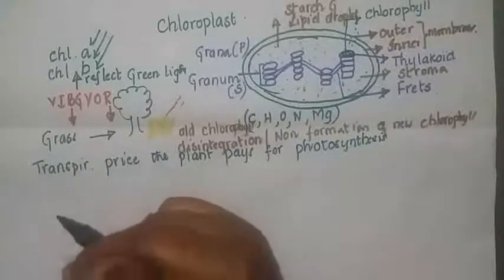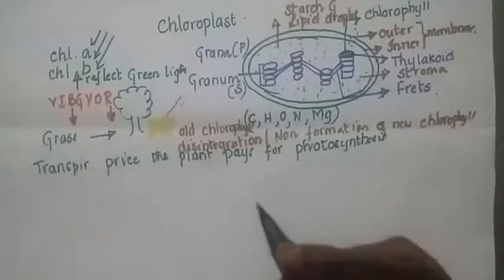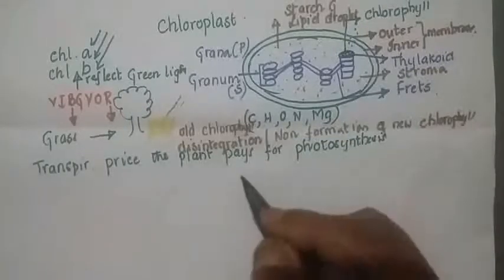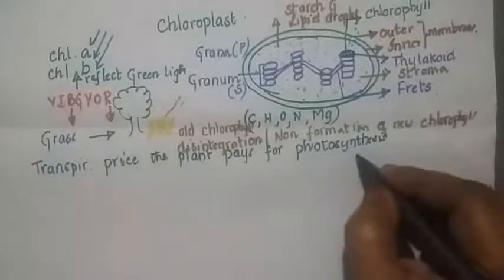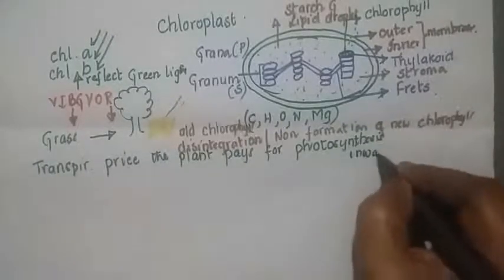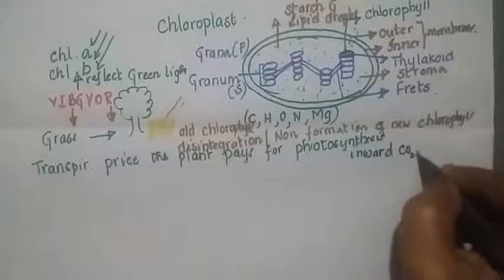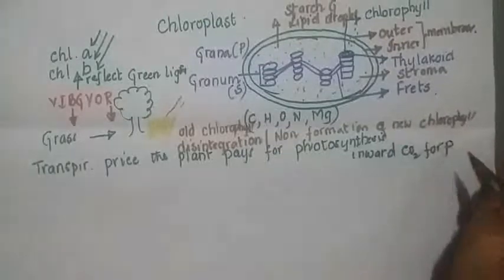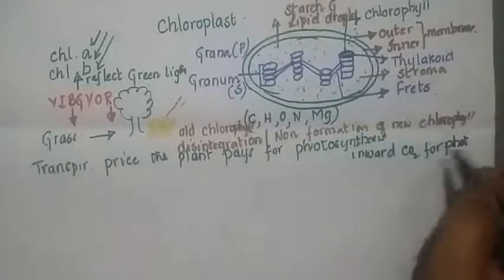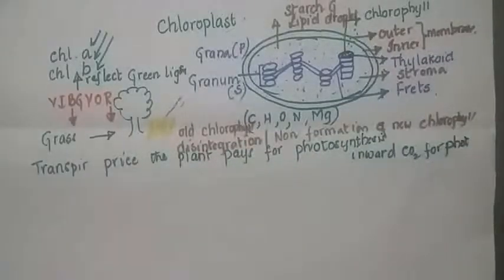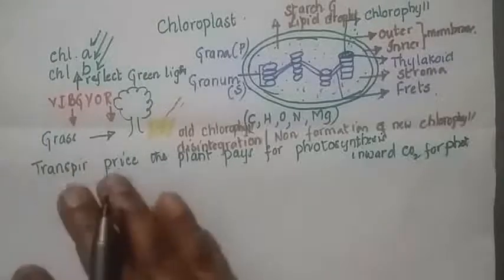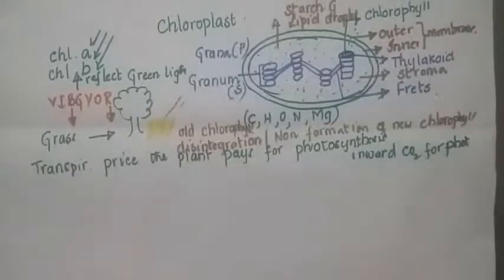But since the stomata are kept open during the day, especially for the inward diffusion of carbon dioxide for photosynthesis, at the same time they lose water in the form of water vapor by transpiration. So indirectly you can say that it is a great loss to the plants.